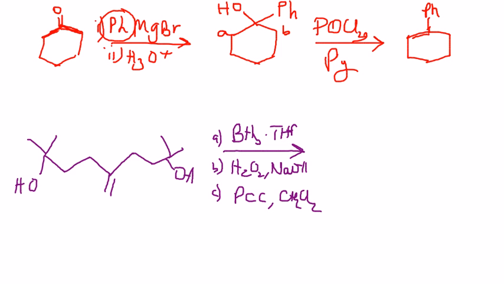PCC converts an alcohol into an aldehyde. In this case, realize we have a tertiary alcohol here, a tertiary alcohol over here. Essentially, this BH3 THF is simply going to carry out the reaction at the double bond. That's the reactive site, and it's going to follow anti-Markovnikov's rule.